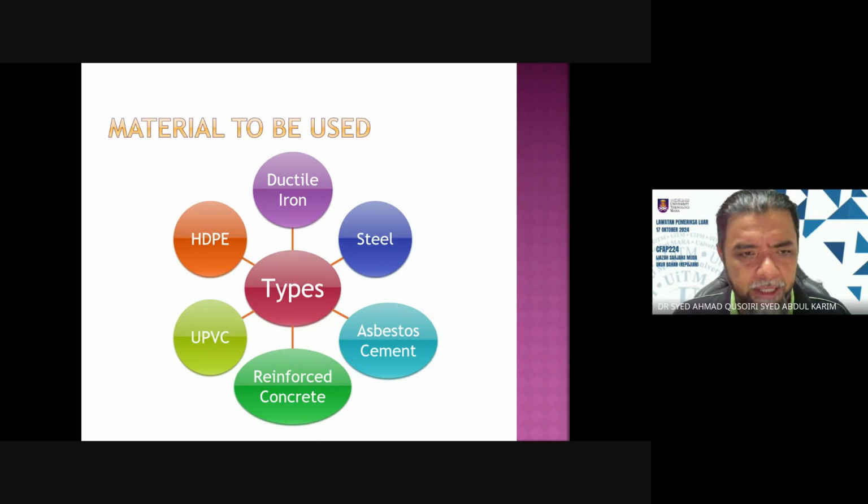So we have the old types of ductile iron pipes. So these are pure iron pipes. You can identify these pipes as usually being coated with bituminous paint. So the pipes are usually black in color, at least on the outside surface.